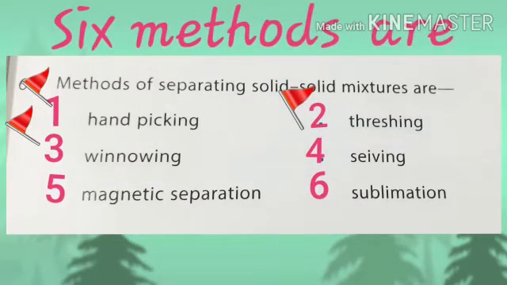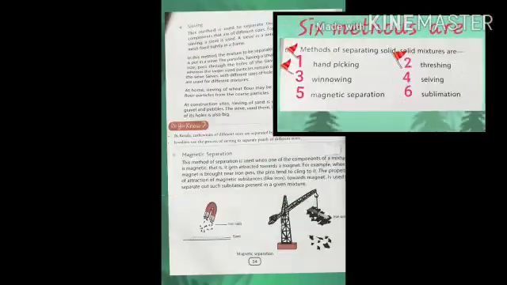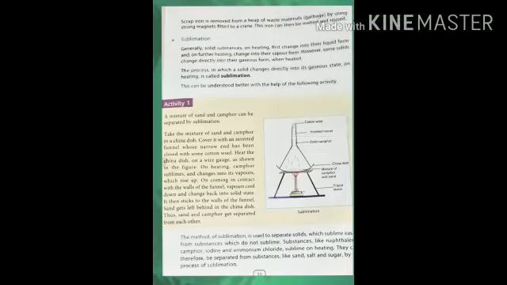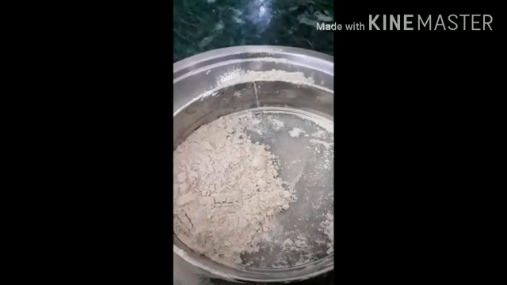There are 6 methods in all, and 3 of them are already nailed by us, that is hand picking, threshing, and winnowing. Now, today we are going to cover page number 54 and 55. These two pages will conclude the methods of separation of the first type of mixtures, that are solid with solid.